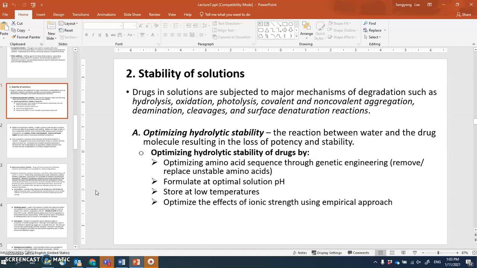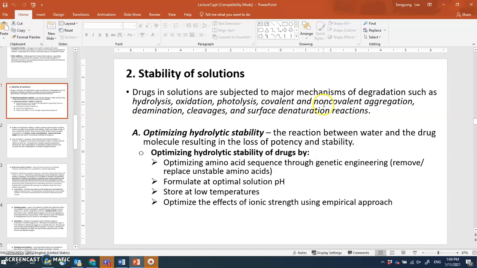Okay, so drugs in solution are subject to major mechanisms of degradation, such as hydrolysis. Hydrolysis is a chemical process where a water molecule is broken as well as your API is broken. What other damage is possible? Oxidation, as we already said, and exposure to strong light that will develop photolysis. Light energy-based drug molecule lysis is photolysis.